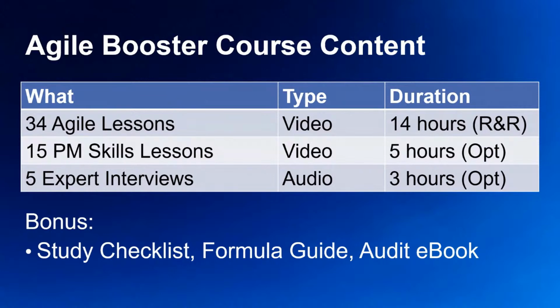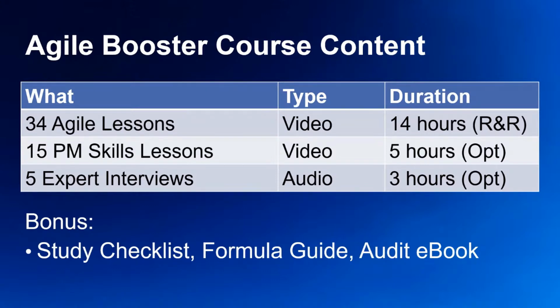So what is in the Agile Booster Course? In total, there are 22 hours of training in the course. We have 34 video lessons on Agile, a total of 14 hours, and those are required or recommended. So that's what the R and R means there in parentheses. We have 15 general project management skills lessons about interpersonal skills and all that.